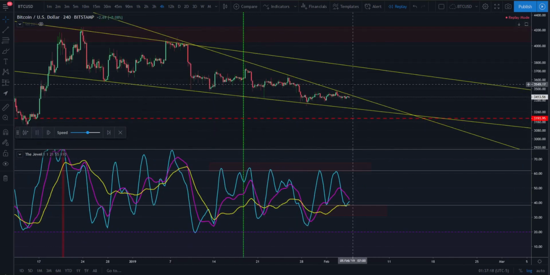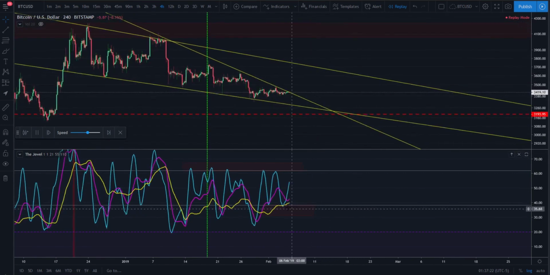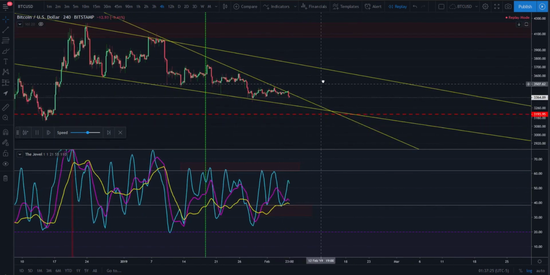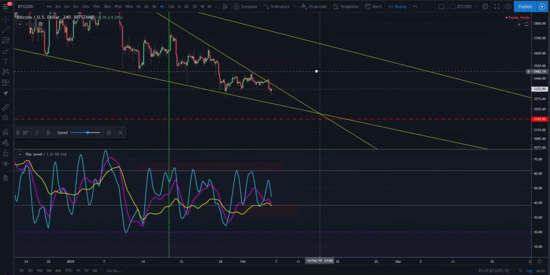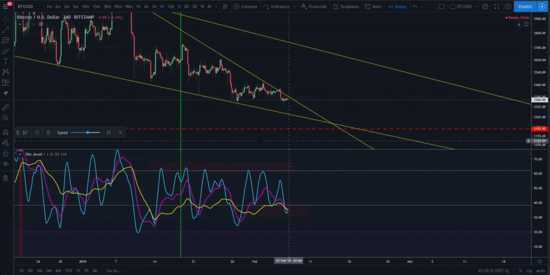So keep on going, see what we do. Still no signal on the far right. Still nothing really interesting going on for our 3D signal at least.